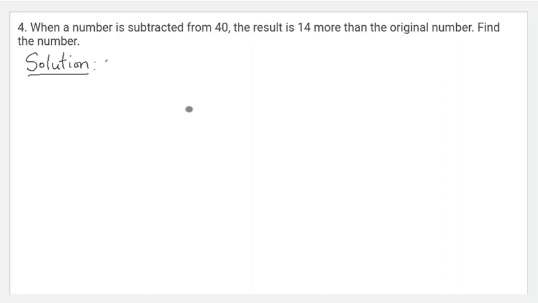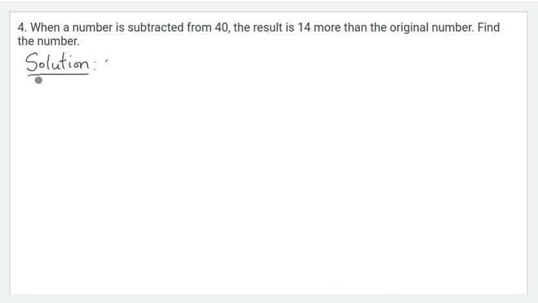A number, we'll call our number x, is subtracted from 40. That means you're taking x away from 40. We need to be careful with this. Most students make mistakes here. So please break it down. Make sure you analyze it to yourself until you really understand it, and then when you're sure you get it, you go ahead with your solution.